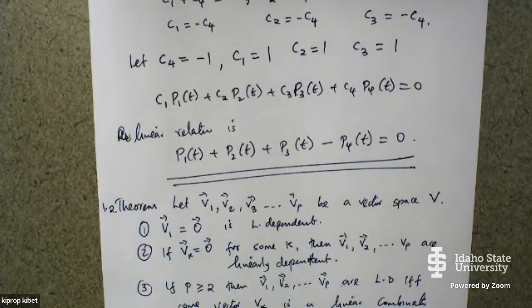So if there are two or three vectors and one of them is a linear combination of the others, then basically it is linearly dependent.